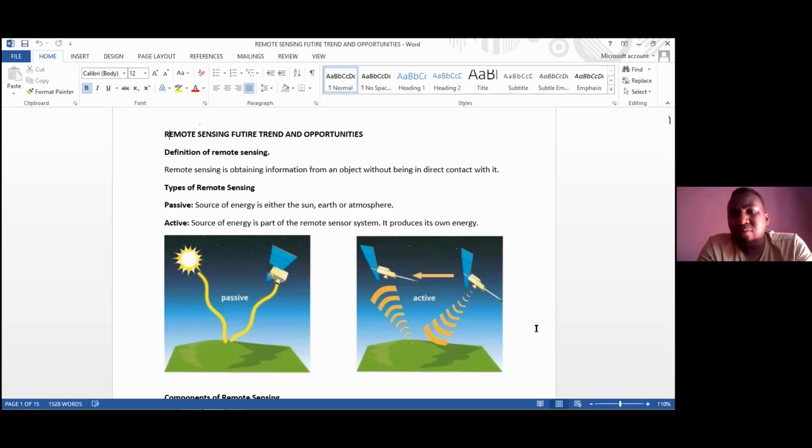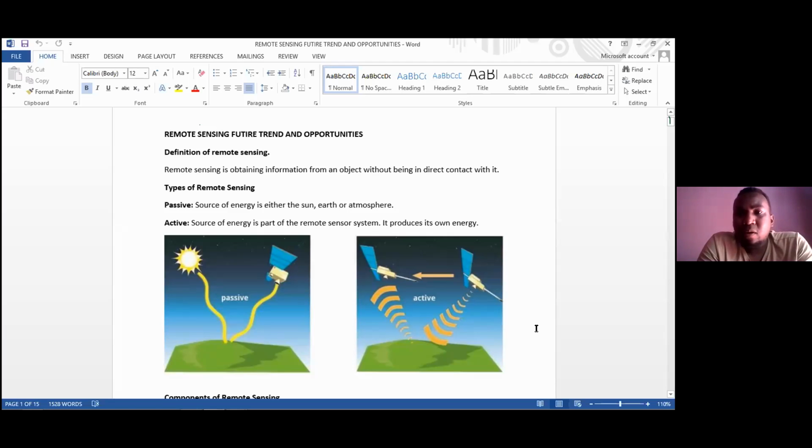In passive remote sensing, you cannot obtain information or data if the sun is not there. But in active, you can obtain this data even at night because the sun is not there at night. That means during the day we can use either passive or active, but during the night we use active remote sensing, where the source of energy is part of the remote sensing system, and it produces its own energy.